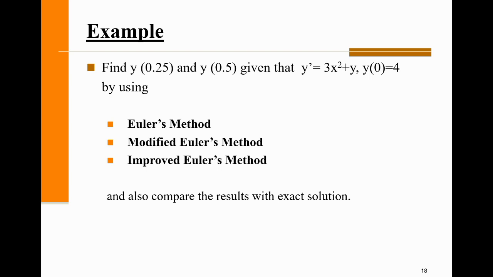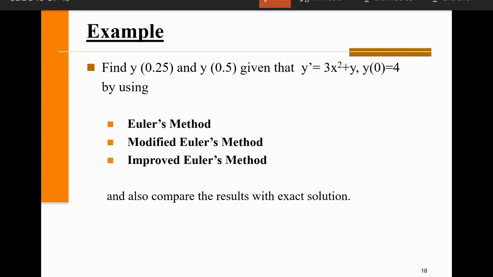Next we have taken one example in which we have compared all three methods together: Euler's method, modified Euler's method, and improved Euler method. In this example, we have to find the values of y at 0.2 and y at 0.5, where the slope is given to be 3x plus y.